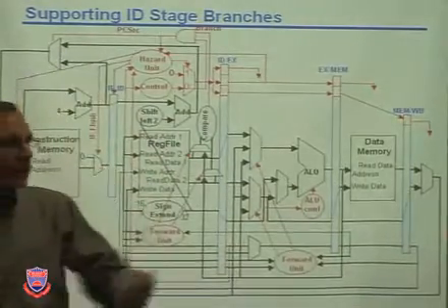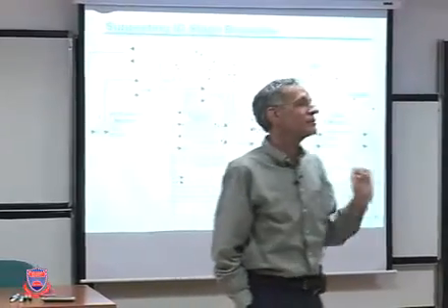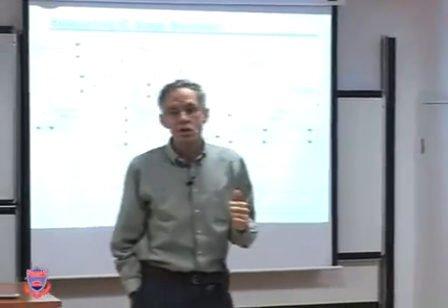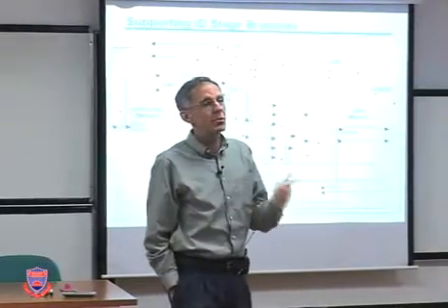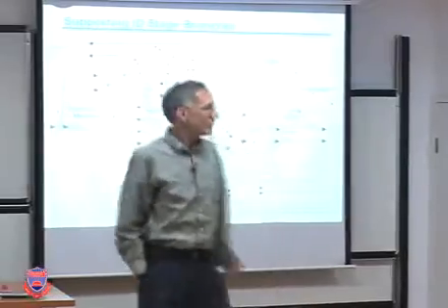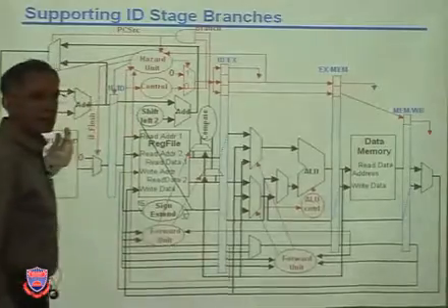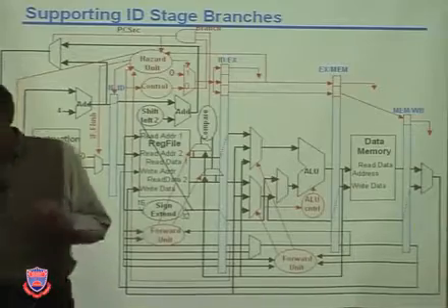Of course on a BEQ that means take the branch if they're equal. On a BNE it means take the branch if they're not equal. So we need that information early. That reduces our penalty now just to one cycle. We obviously still have a problem. We don't know the answer here, and so we don't know what to fetch in the next instruction fetch stage. So that's what we've come to right now.